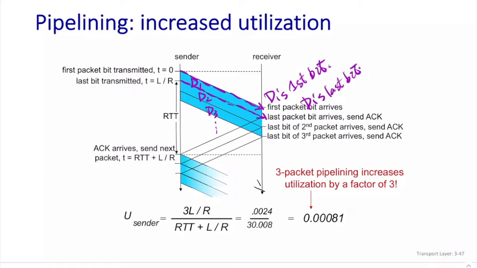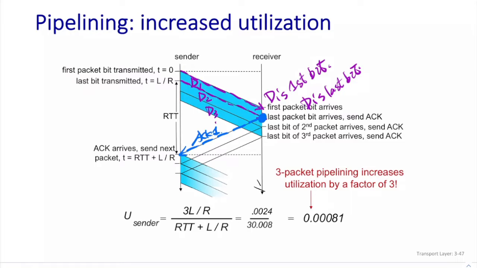So at this blue point, after the receiver gets the last bit of D1, it can send ACK1 back to the sender. And we assume that the ACK is quite small, so you simply use one single line right here.